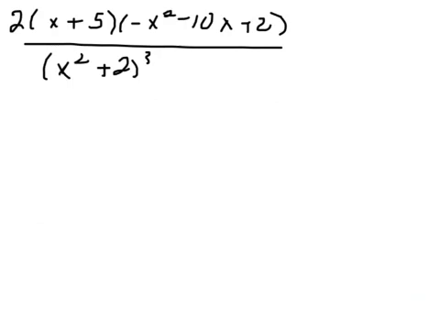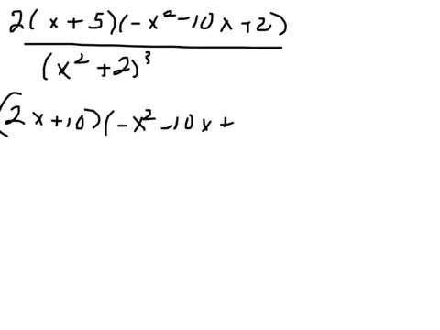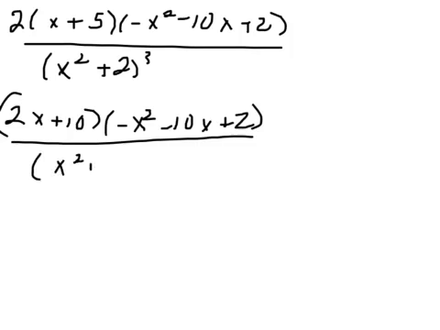So the idea of what to do wasn't hard, but we still have some simplifying to do. I'm going to distribute the 2 times the x plus 5, and that means it's going to be 2x plus 10. And I have to distribute that across negative x squared minus 10x plus 2. Okay, and I've still got this x squared plus 2 cubed.